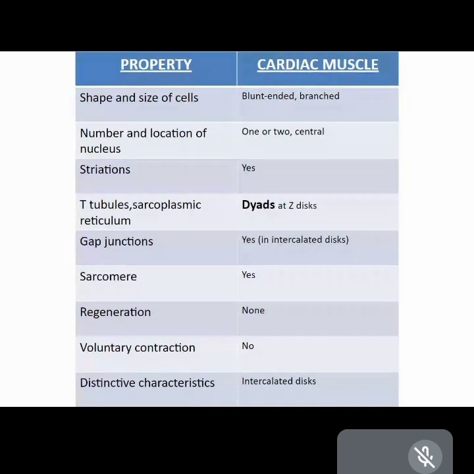Yes, there are gap junctions, unlike the skeletal muscles, which have no gap junctions. The gap junctions in the cardiac muscle are in the intercalated disc, and there is a sarcomere. It is not capable of regeneration. It is not voluntary.